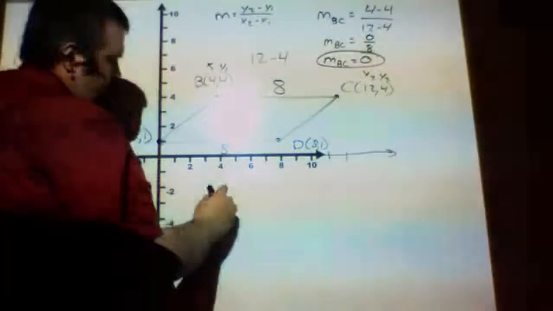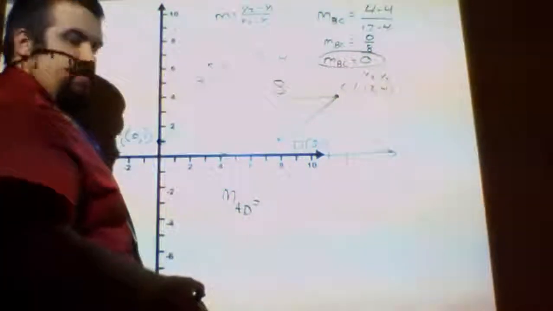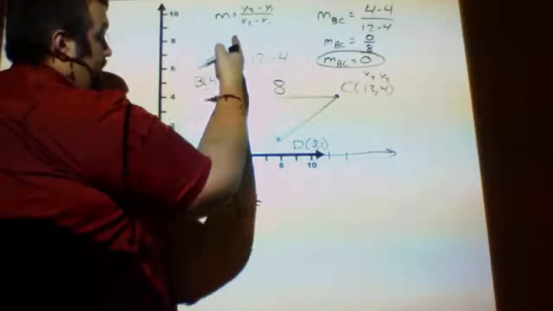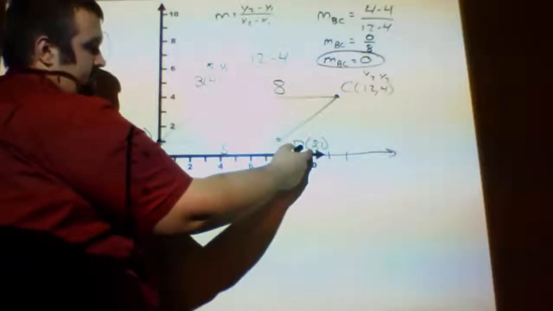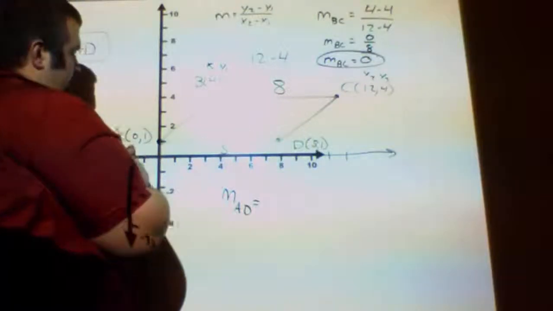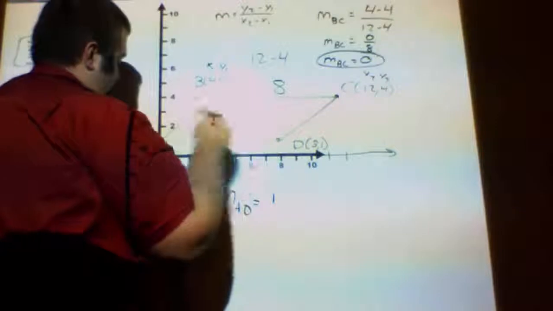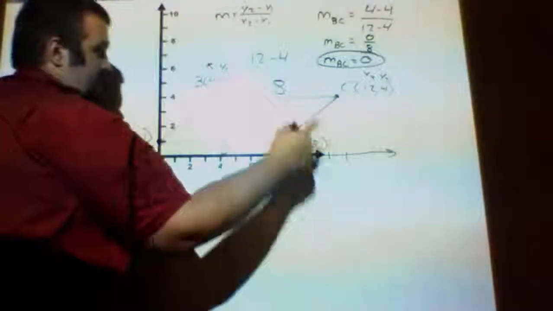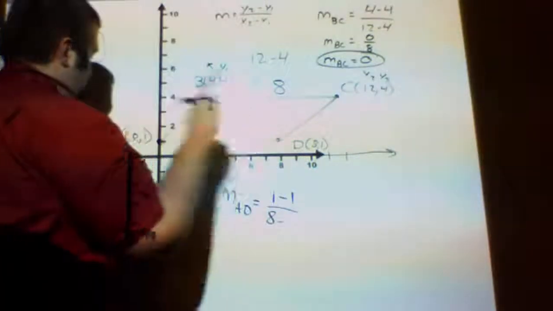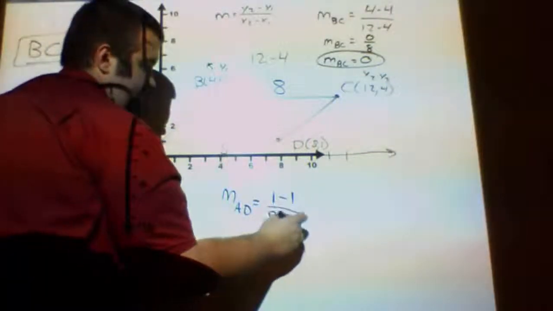The next one, let's do the slope of AD. That would equal, again, y2 minus y1 over x2 minus x1.